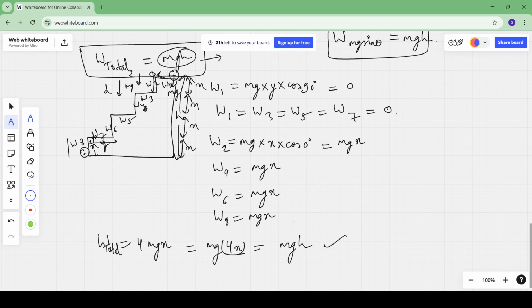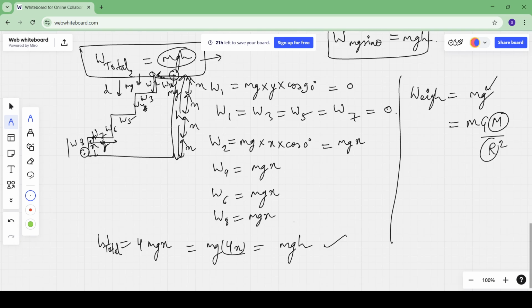So we can say that mg is a conservative force. And what is mg? Let me give you a brief idea. We call it the weight of the object, and it is written as mg. If you open up this small g, it is the acceleration due to gravity, which is given like this. This is the mass of earth, this is the radius of earth, and this is the gravitational constant.